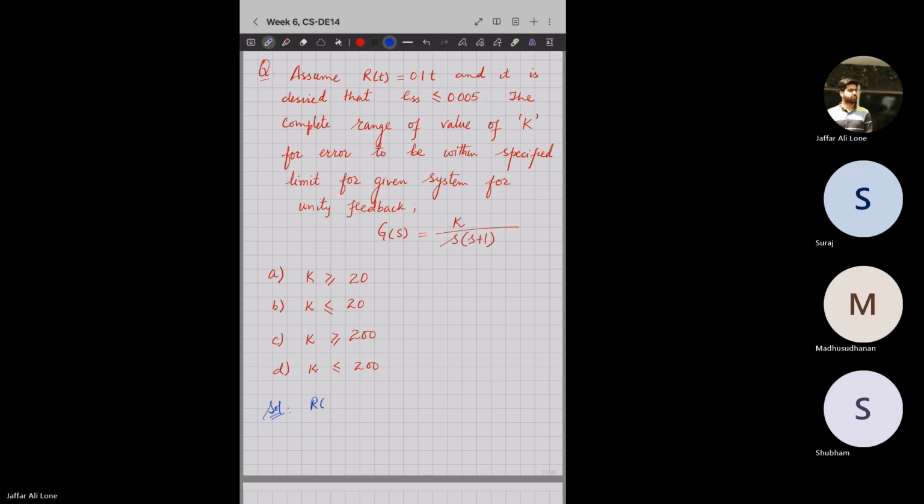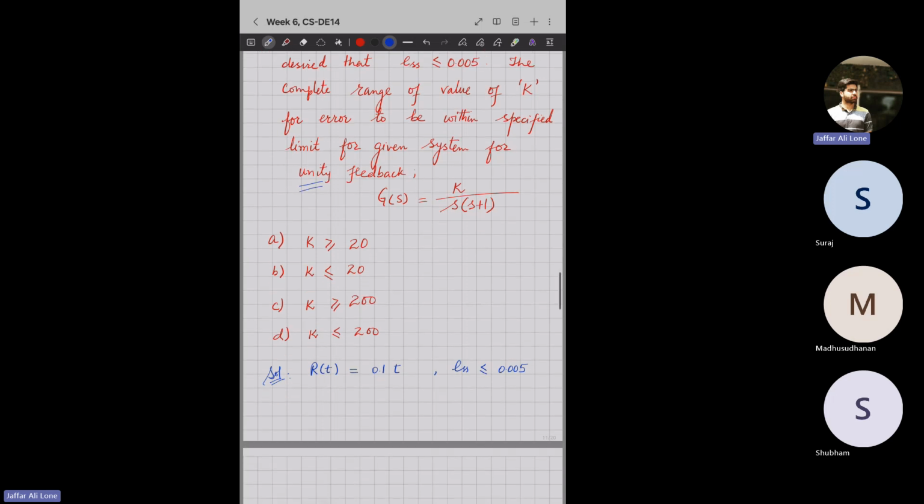It's desired that steady state error should be less than or equal to 0.005. Find the complete range of values of k for the error to be within the specified limit for a given system with unity feedback.